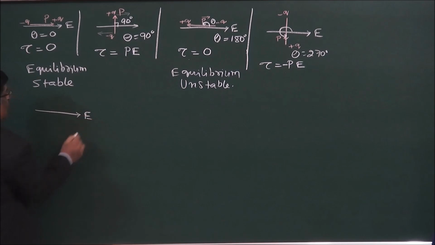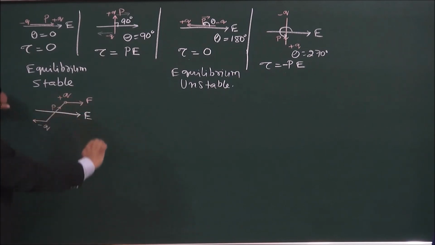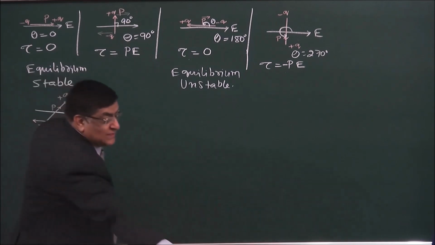See, this is the electric field, here is P acting in this direction, plus Q, minus Q, and if we disturb it a little, then where is the force? Answer: the positive charge experiences force in this direction, the negative charge experiences force in this direction, and you can very well imagine that this torque will turn it.